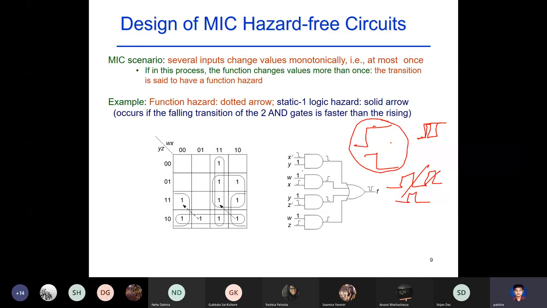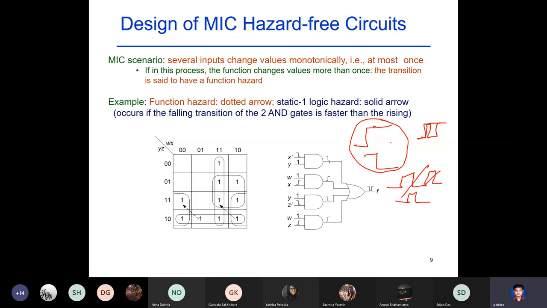If we look at the output of these AND gates, they are not uniform, there may be a variation in delay in each of them. One may have the highest delay, one may have the least delay, so there may be a variation in propagation delay. So the outputs of the AND gates may change at different times.